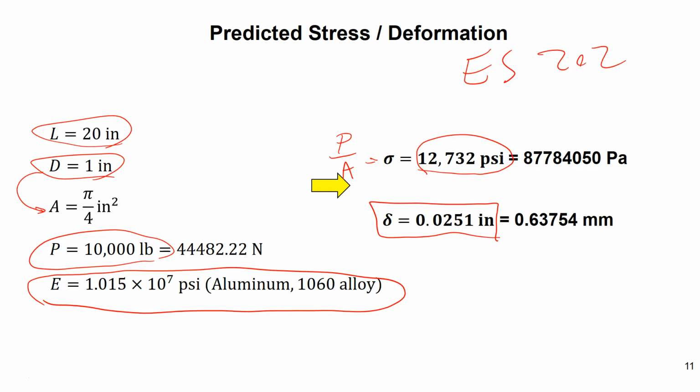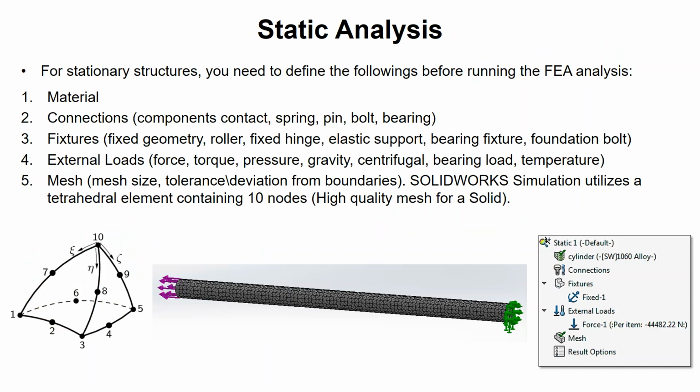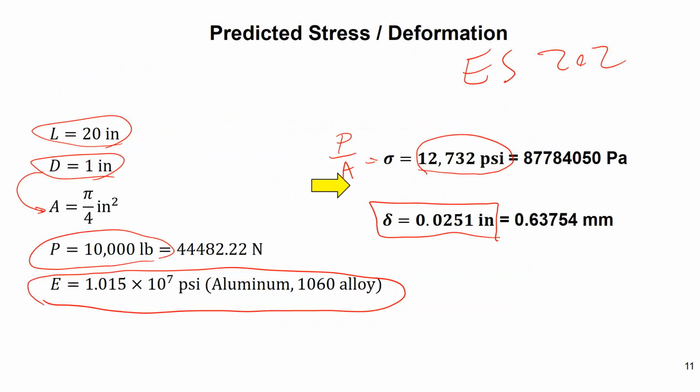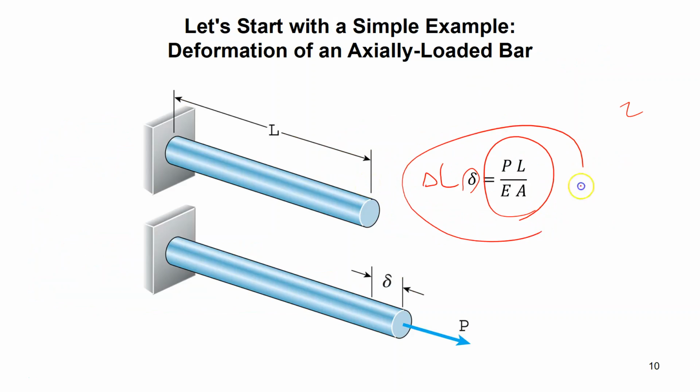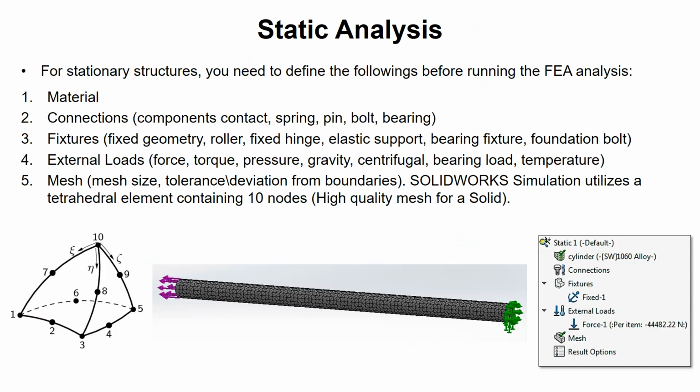This is theory. But now when I do it in SolidWorks, how does SolidWorks calculate this number? Does SolidWorks follow the same formulas like this one and this one? Or does it solve it in a different way? Well, not only SolidWorks, most other software, as far as I know, that tackle these stress and statics problems use a numerical method for solution.